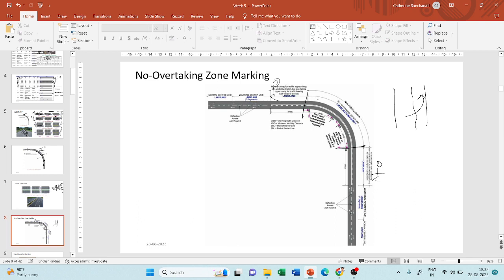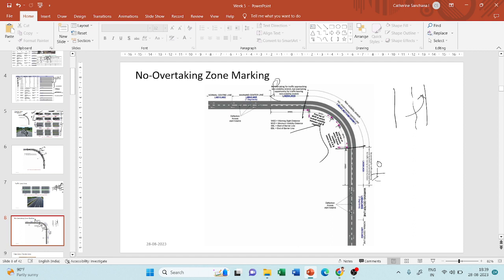in horizontal curves, you are prohibited from making the overtaking action if you do not have a proper sight distance. If you have obstructions here, which will restrict your sight distance, then you will give a warning that you will prohibit the overtaking action, right?